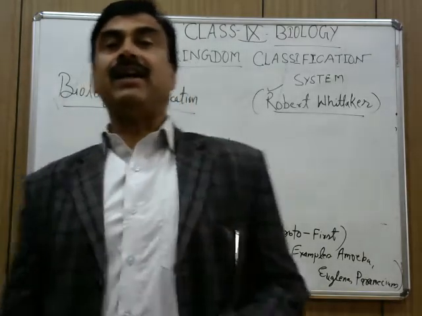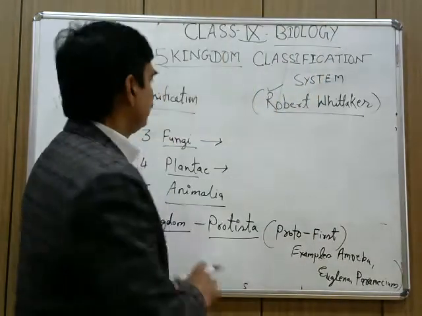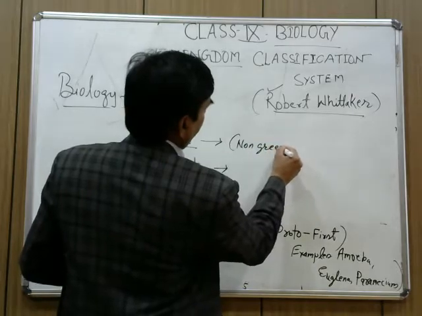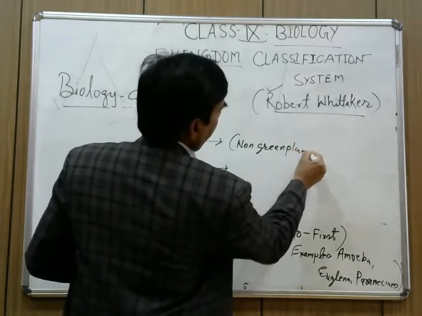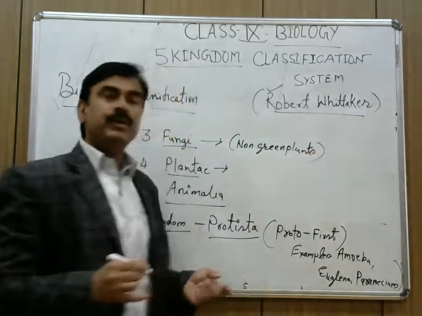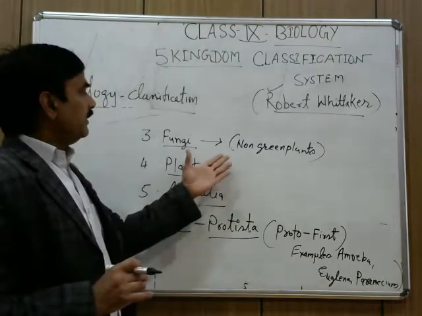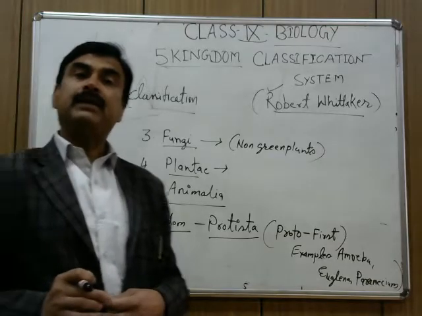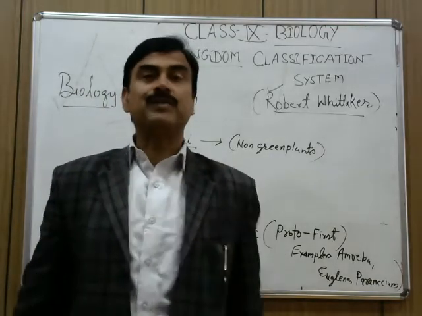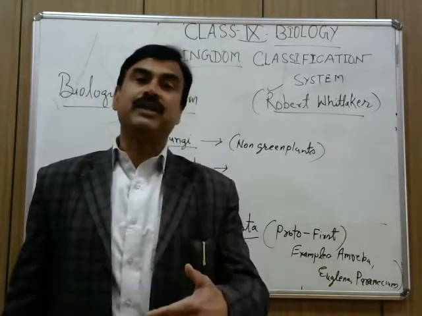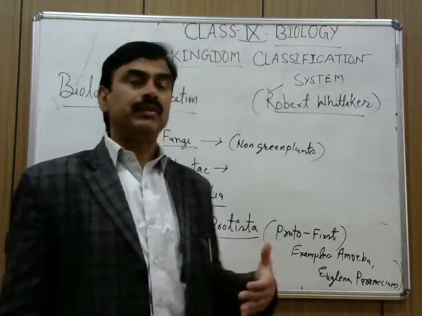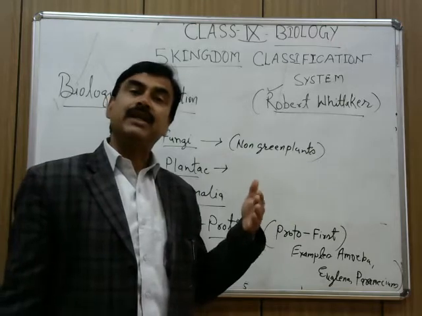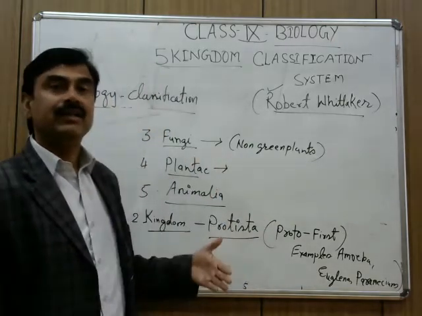All fungi are non-green plants. Got my point? Fungi can't prepare their food. They are not autotrophs; they are heterotrophs. They cannot perform photosynthesis. That is why the scientist has kept them in a different category.